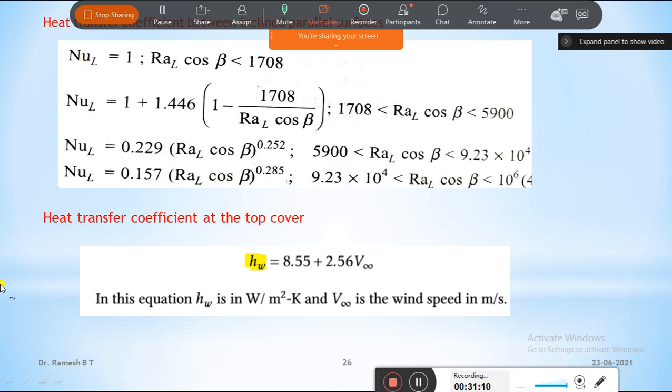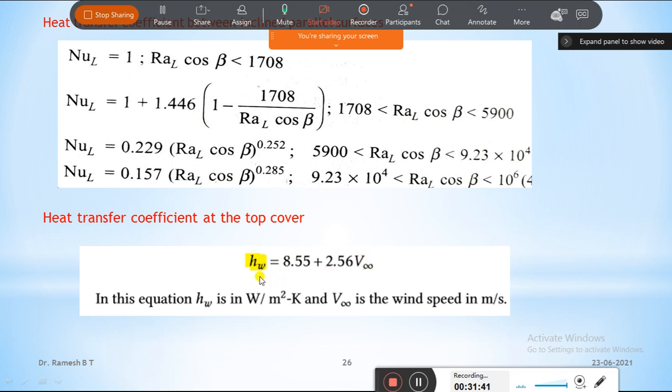And the final one is the heat transfer coefficient at the top cover, hw. In the previous equation hw appears, and it is given by a simple equation. It is the convective heat transfer coefficient hw at the top cover, given by hw equals 5.7 plus 3.8 V infinity.